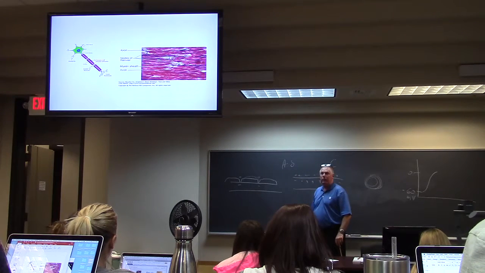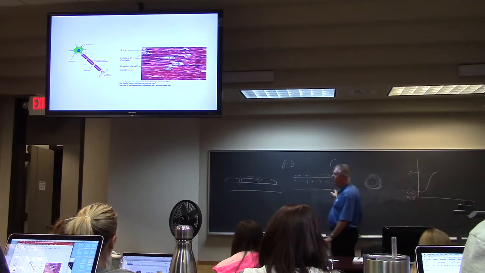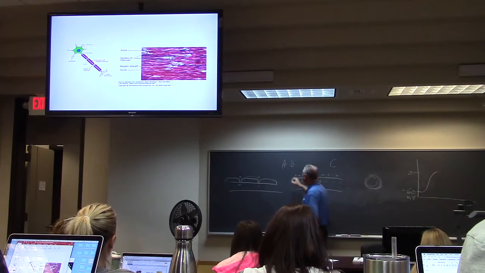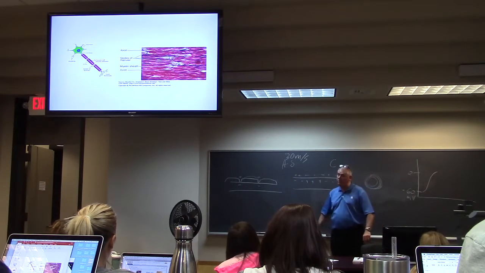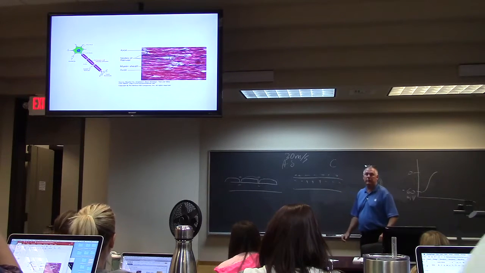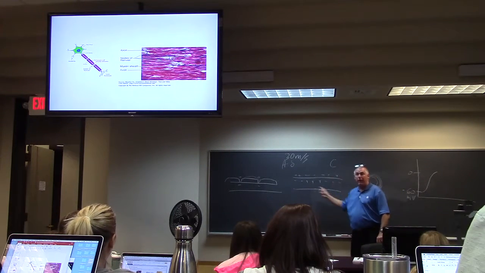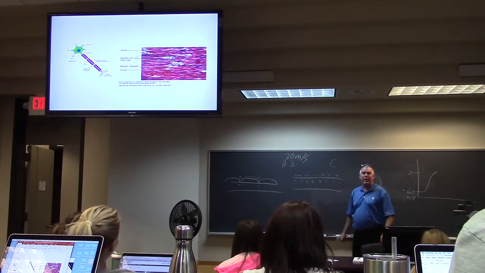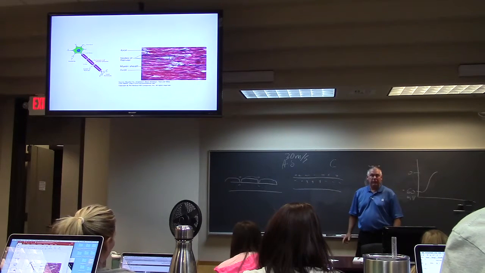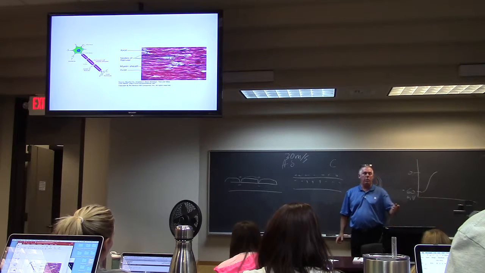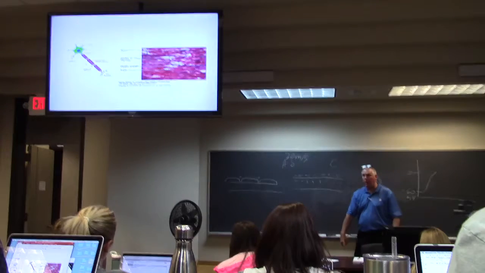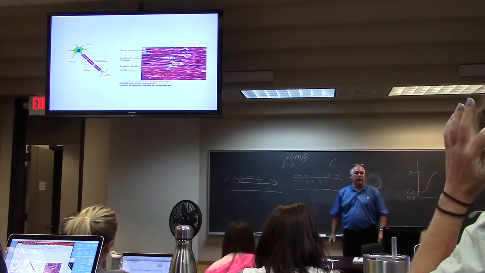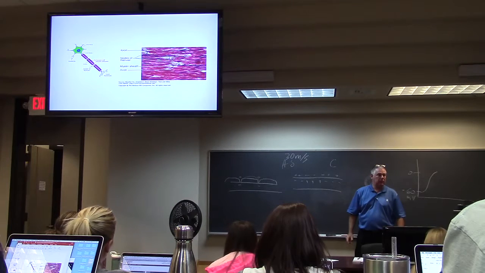A large A delta fiber can propagate an action potential at a speed of about, if I remember right, now I'm having to reach way back to come up with this, because I'm sort of making all this stuff up, about 30 meters a second. So it's very fast. You're only 2 meters tall, so an impulse can go from your big toe to your cortex in just milliseconds.